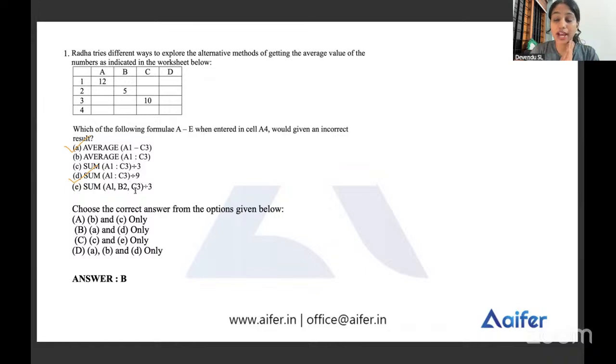We have to add because the command given is sum. When we divide it by 3, we get 9 as the answer, 27 divided by 3. So here it is also a correct answer.